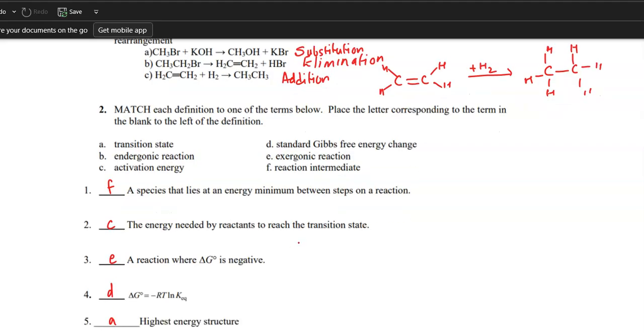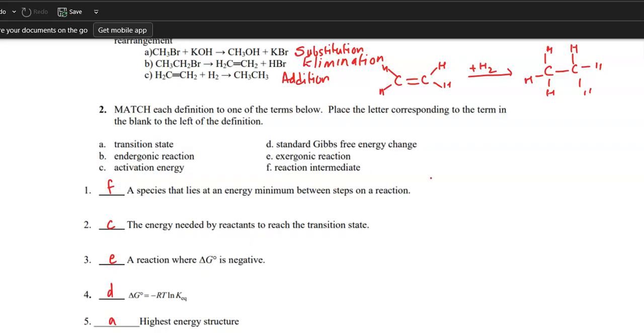Now the next one here is the matching or filling up the blanks. The first question is a species that lies at an energy minimum between steps in a reaction. It's a reaction intermediate, right?